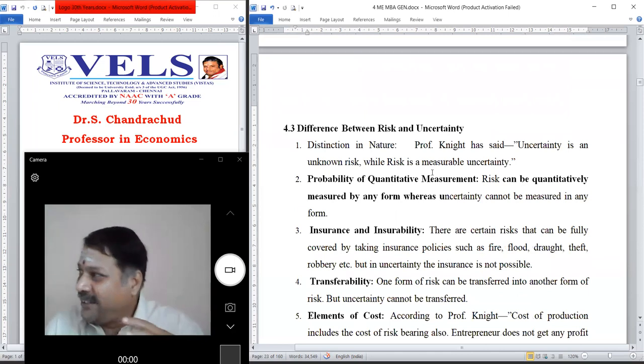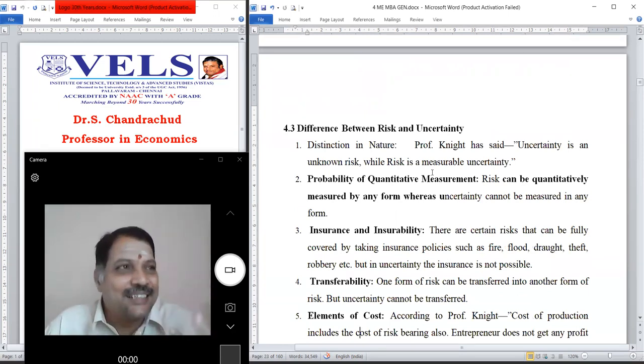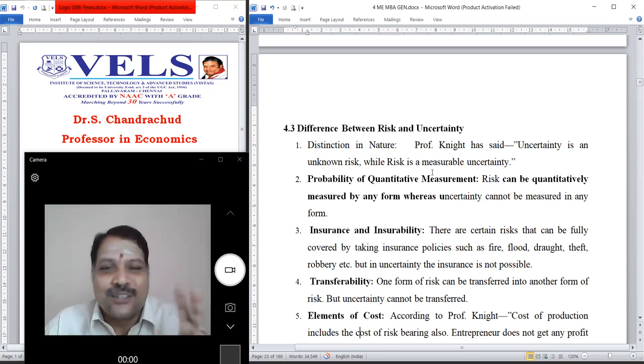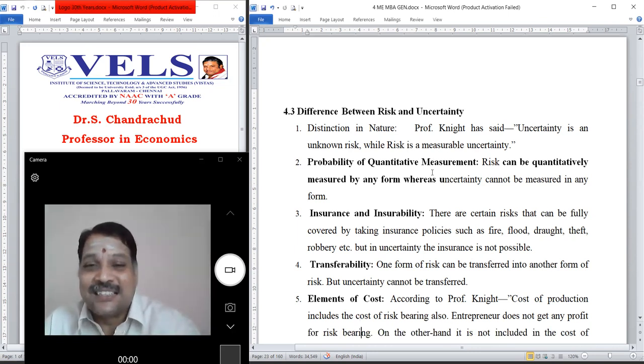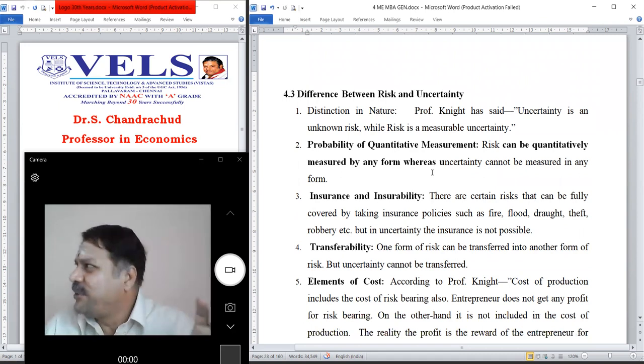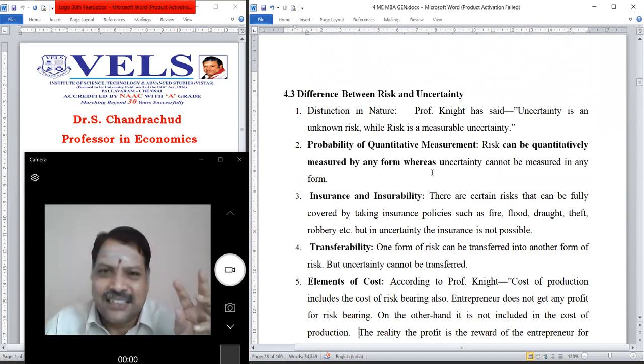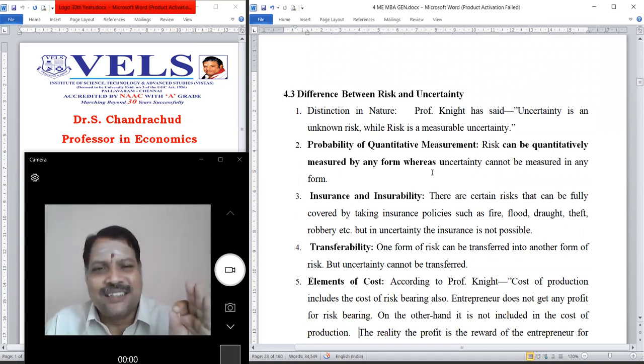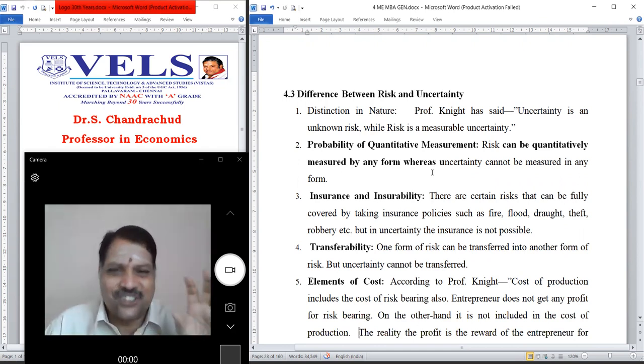So after knowing many types of risk, now let us differentiate two concepts. One is risk, another is uncertainty. There are many differences between risk and uncertainty. The first one is the distinction in nature.